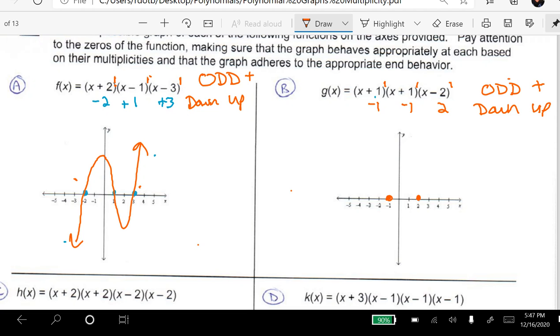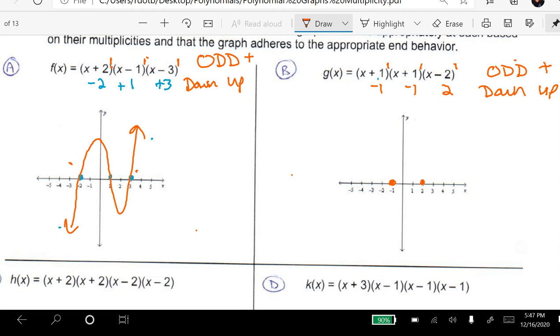Hopefully you recognize that the negative 1 happens twice. They wrote it 2 separate times, but you could have also written this as x plus 1 squared. So just understand that this has a multiplicity of 2, either writing it twice like that, or it could have been written with the squared there.